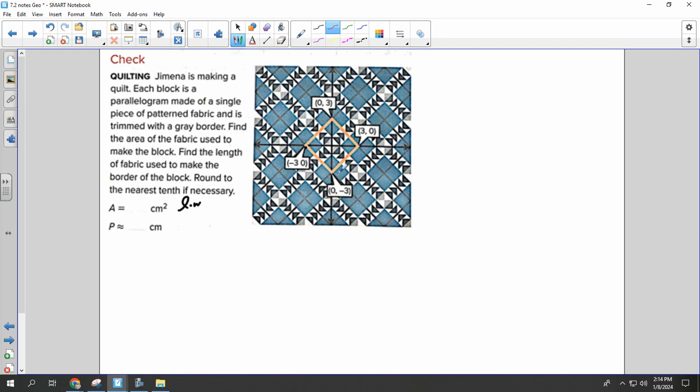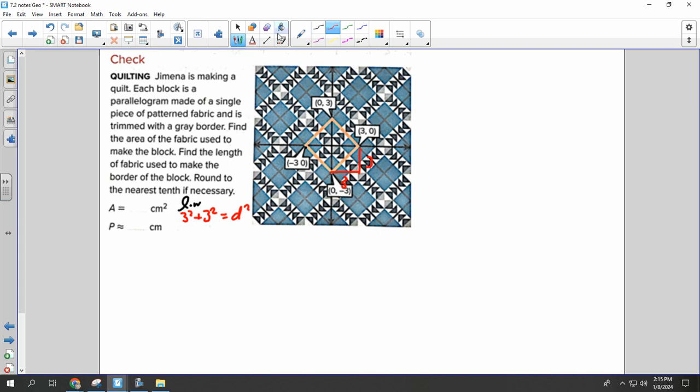So to find this distance, we would go over 3, up 3, which turns into 3 squared plus 3 squared is equal to our distance squared.